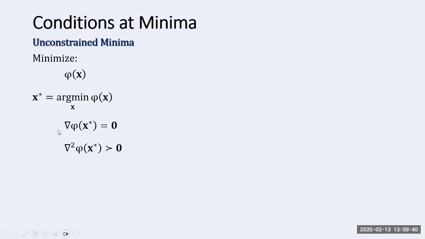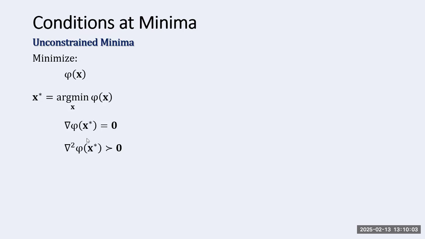And what must be satisfied is that the first derivative must be equal to zero. Even just think scalars: the derivative has to be equal to zero at the minimum. And the second derivative, if x were a scalar too, a univariate function, must be greater than zero.